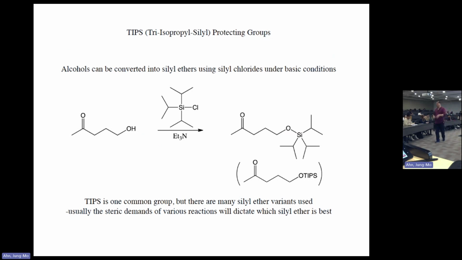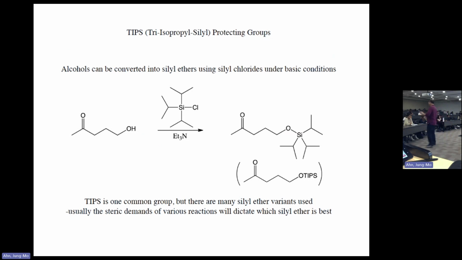It protects an alcohol. Anyway, so this is a tri-isopropyl. We got three isopropyl. Tri-isopropyl silyl groups. So it's called TIPS. Different alkyl chains give different names. Sometimes TMS, three methyl groups, trimethylsilyl is possible. Sometimes TBDMS is a long name: tertiary butyl dimethyl silyl.